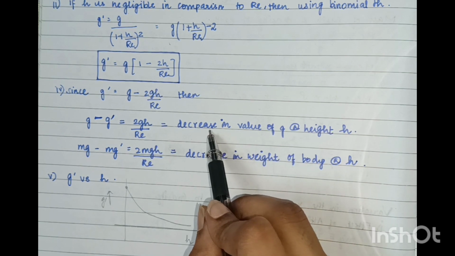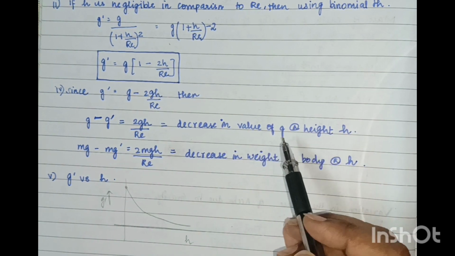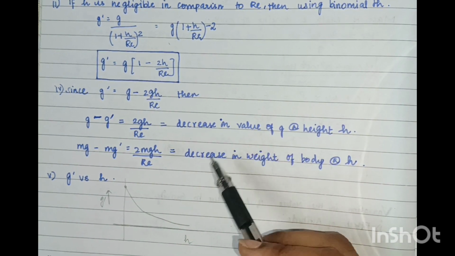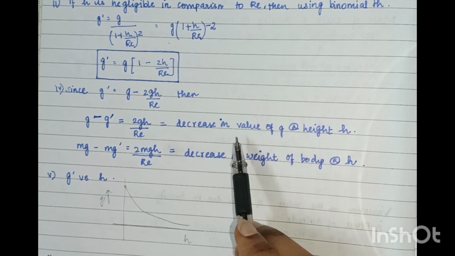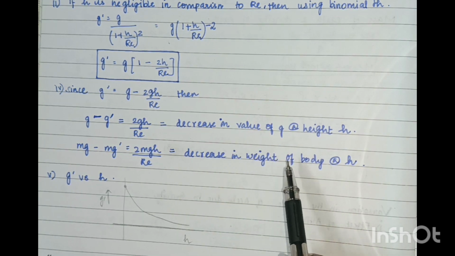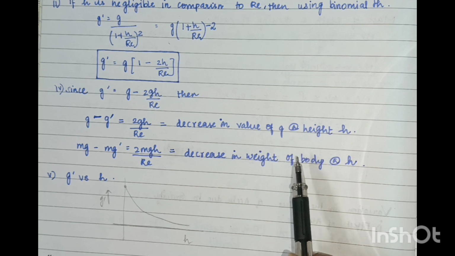It means the decrease in the value of G at height. Because of the minus symbol, we can say there will be a decrease in acceleration due to gravity at a certain height.